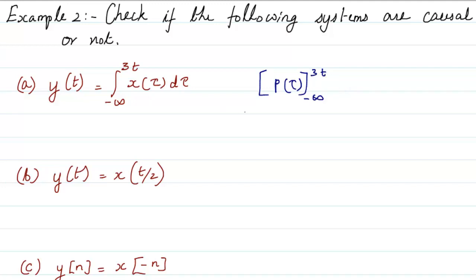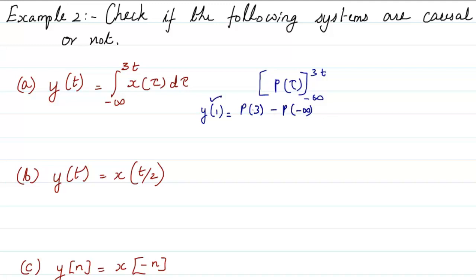Now suppose I want to find out y of 1. It is going to be p of 3t, t is 1, so p of 3 minus p of minus infinity.